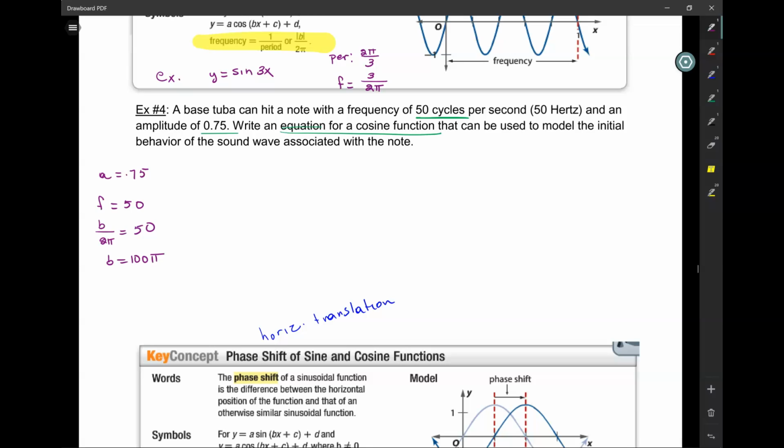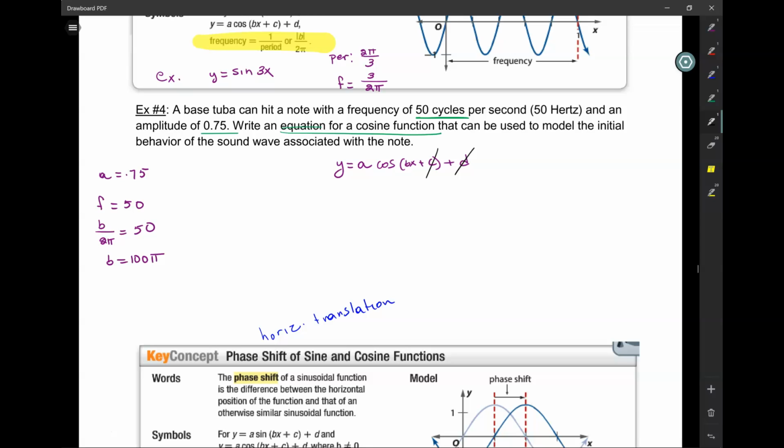Going back to the equation of a cosine in its full form, it's a cosine bx plus c plus d. In this problem, we are not given any information for d, nor for c.